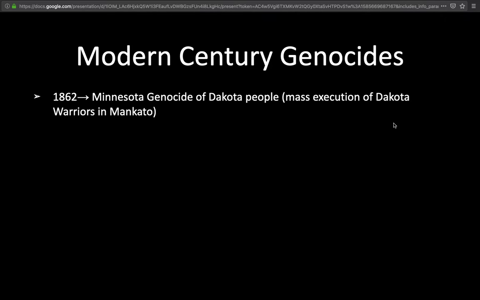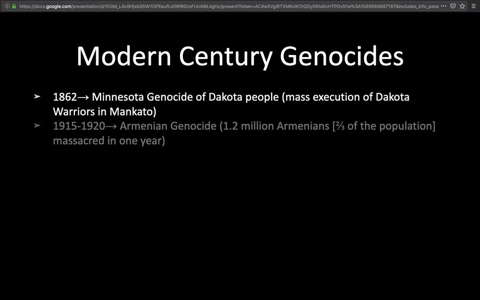This was basically characterized by the mass execution of 38 Dakota warriors in Mankato, but there were also government decrees calling for the skin of any Dakota person, and women and children were put on essentially a death march. So that has been officially recognized as a genocide.